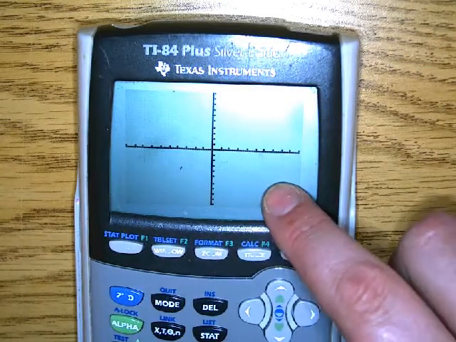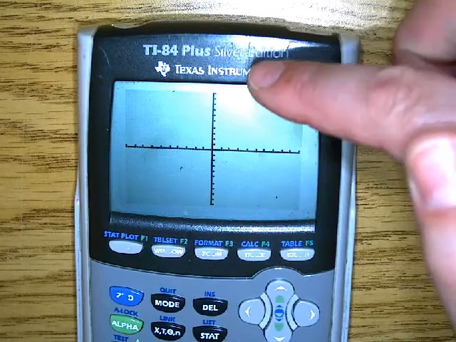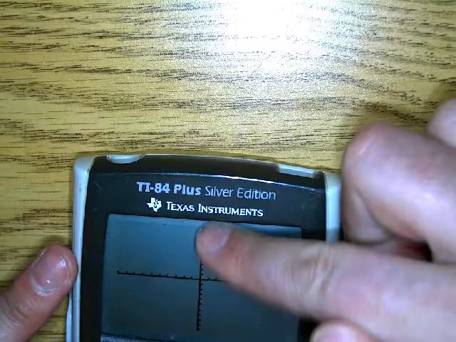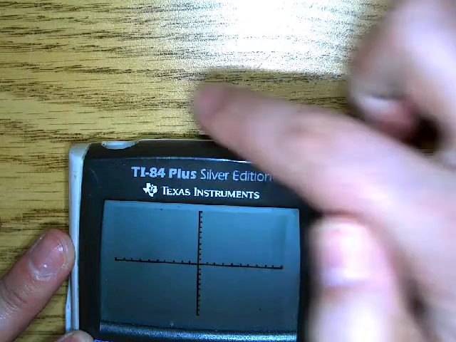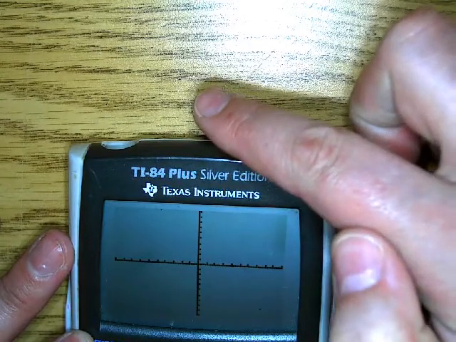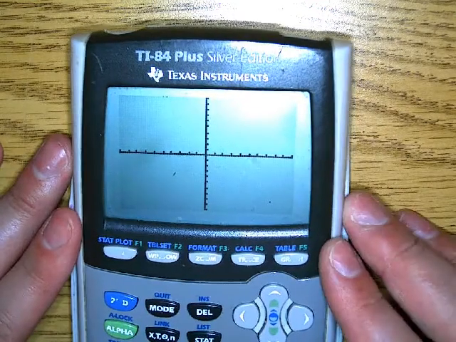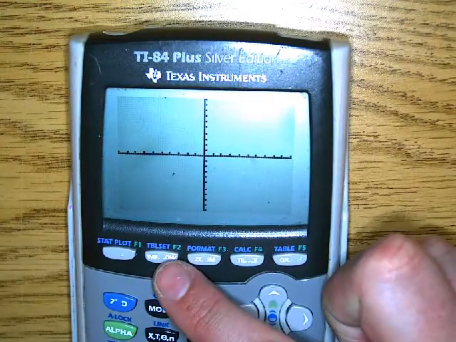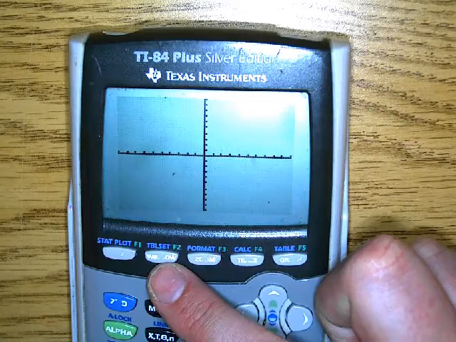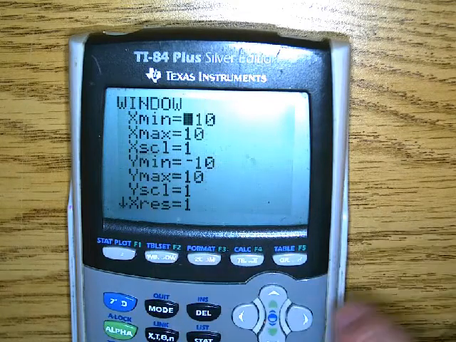So we can't see anything because the graph only goes to 10 and the graph is probably up here. Okay? So what we need to do is hit the window button because the window shows what we can see.